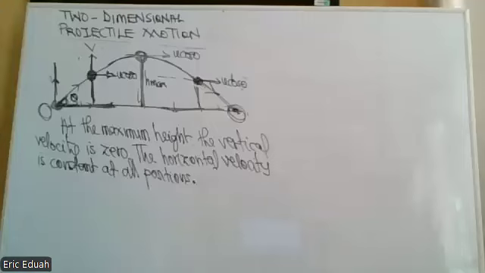No, it is 86.6. Do you understand why? It is because at the maximum height, it only has the horizontal component. The vertical component is 0. So what it has is the horizontal component, 86.6. 100 times cos 30, isn't it?